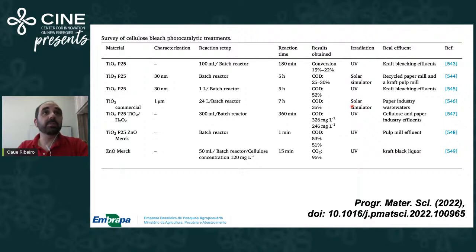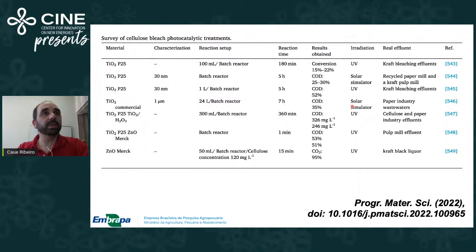You can see that even in those conditions, the examples that we have in literature are limited in conditions, limited in size. Few experiments are using, for instance, more than 1 liter of cellulose bleach in the treatment, meaning that we still need a lot of effort to make this viable as an industrial process.